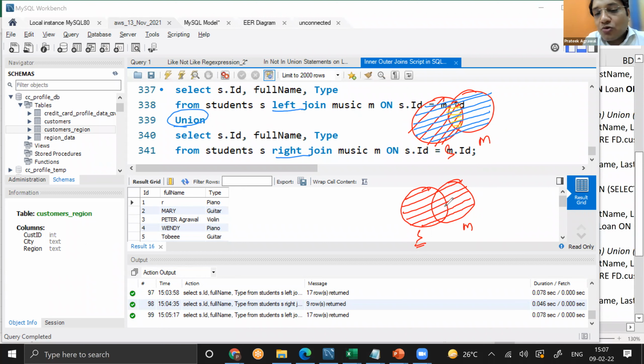So it's like zone number 1, students who are not playing musical instruments. Zone number 2, the list of students who are playing musical instruments and the type of musical instrument they're playing. Zone number 3, the list of musical instruments which nobody is playing.